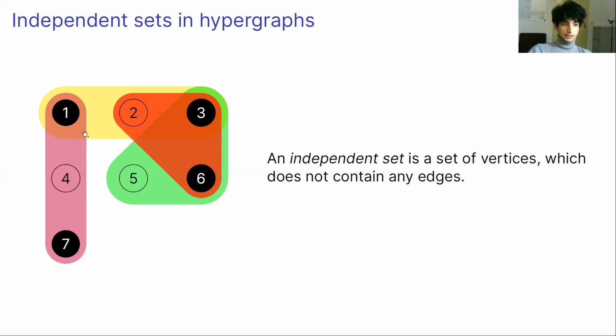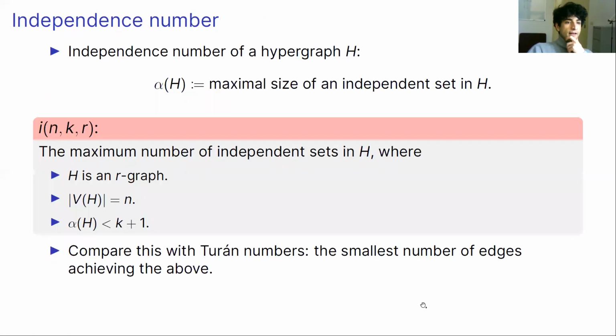For instance, these black nodes do not contain any of these hyperedges of size 3. The independence number is, of course, the size of the largest independent set. What we're interested in is the maximum total number of independent sets in an R-uniform hypergraph where the independence number is bounded by K.